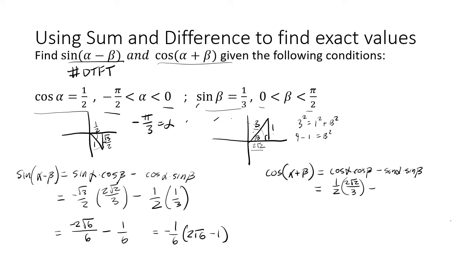Sine of alpha is, what did we say the sine of alpha was? Negative root 3 over 2, right? So negative root 3 over 2, and then the sine of beta is given to us as 1/3. So this is 2 root 2 over 6 plus, because negative times negative is positive, root 3 over 6. So this one is going to be, however you want to do this, 1/6 times 2 root 2 plus square root of 3. And so there's your answers.